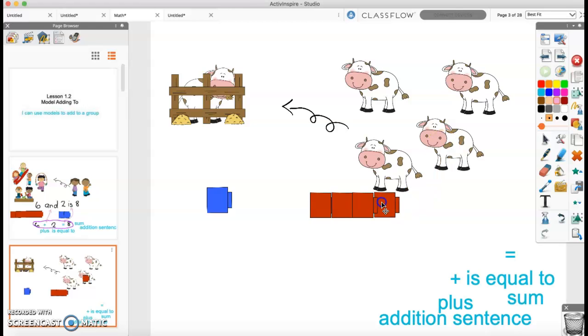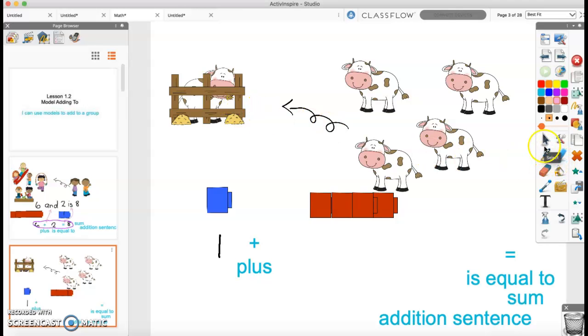So I want to write an addition sentence. Here is my model, my cubes. When I write an addition sentence, I'm going to count. I have 1 cube and 1 cow. So I have 1 plus, because we want to add the more cows that are going to go inside.